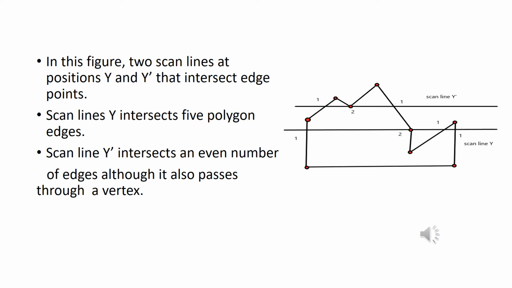But scan line y has intersected 5 polygon edges. That means this scan line has 5 intersection points: 1, 2, 3, 4, 5. But one of the intersection points is also a polygon vertex.